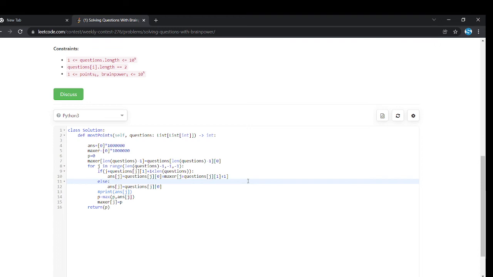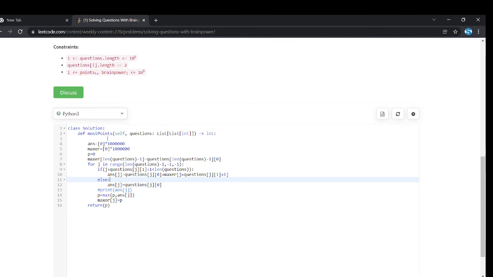So as you can see, if you are still not clear, we can actually walk through this code and understand it in much better way. So here I have initialized two arrays. One is answer and the other one is max, which will store the max values.